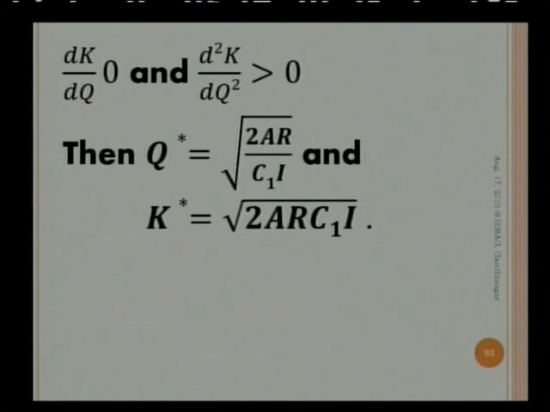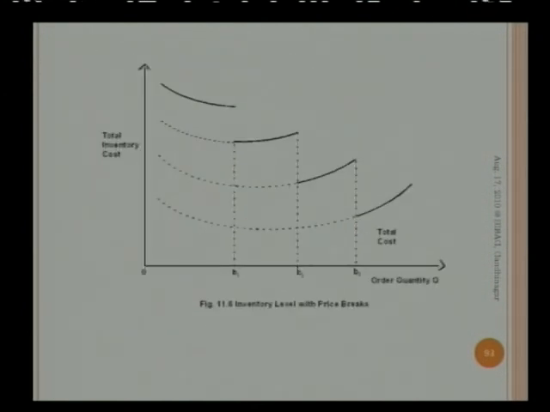By using these conditions, we can obtain the optimal order quantity Q star, which is the square root of 2AR upon C1 I, and the total cost of the inventory system turns out to be the square root of 2AR C1 I. This graph represents the price break graph, which is order quantity versus total inventory cost.